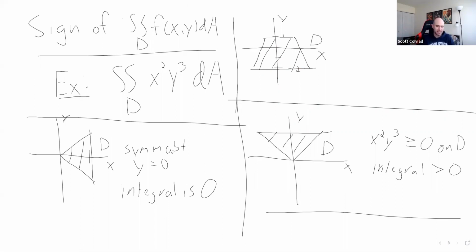Because symmetry in the x direction is not going to help. We need symmetry in the y direction because our function is only y odd. So we're going to find the biggest region inside of here which is symmetrical about y equals 0.